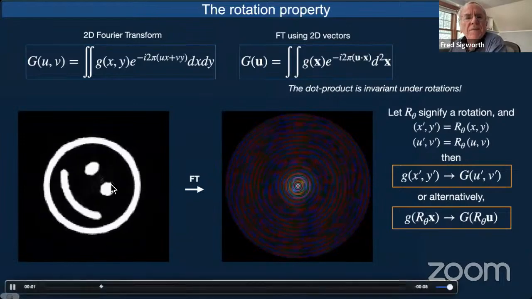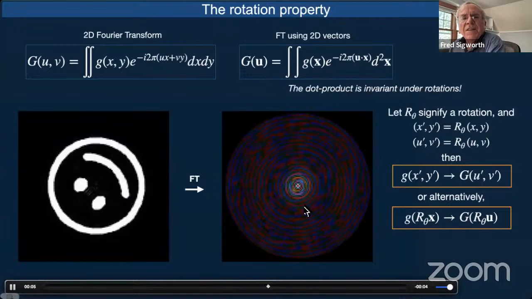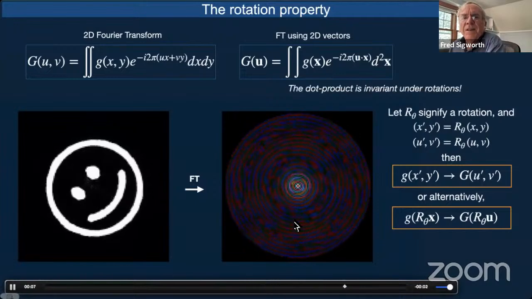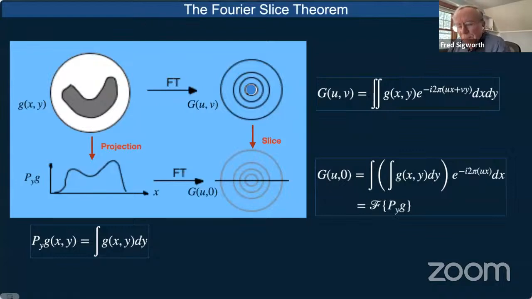And that, in fact, is what happens. So if you rotate the smiley face, you rotate its Fourier transform. So rotation of real space turns to rotation in Fourier space. And then finally, there's the projection theorem.